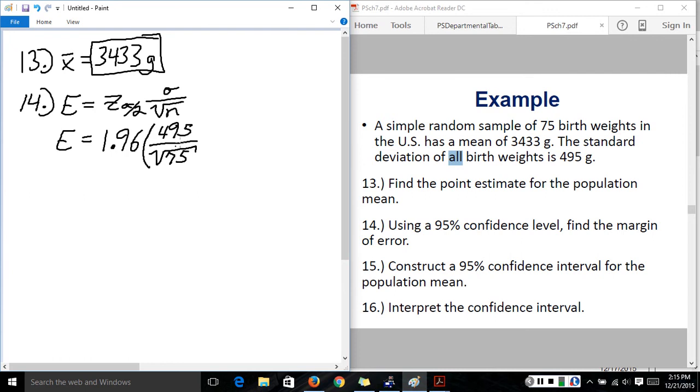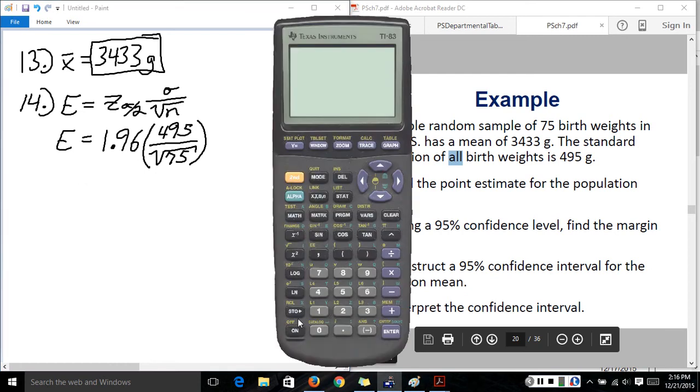And I'm going to put some parentheses around that fraction or rational part of the formula. And if I do that, I can type that into the calculator just as it appears.